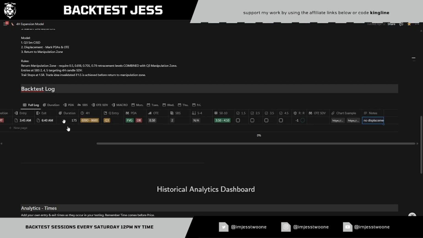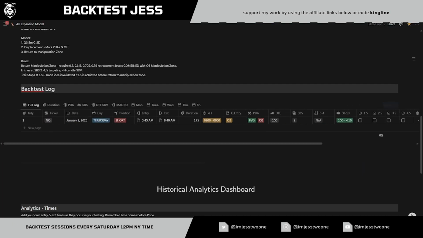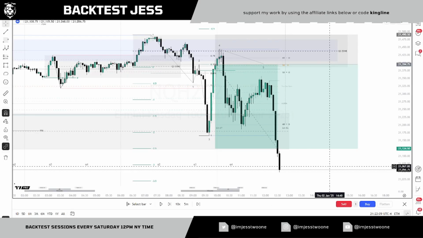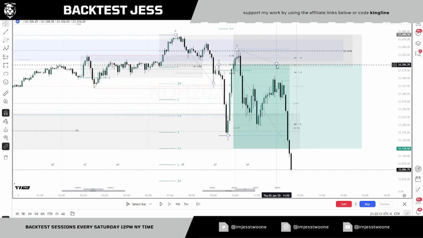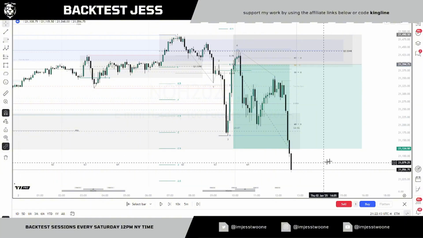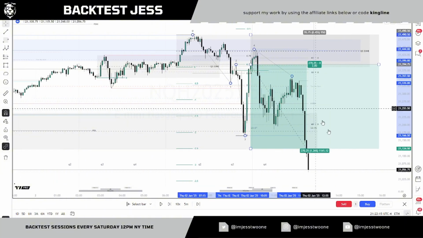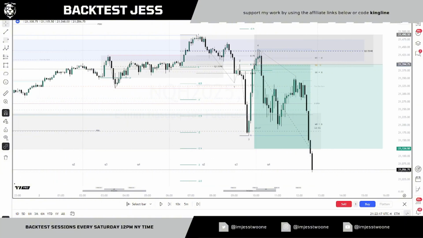Oops. So this would be 5 here. From these 2 points, 1, 2, 3. That is where OTE is. You see the 2 dots?